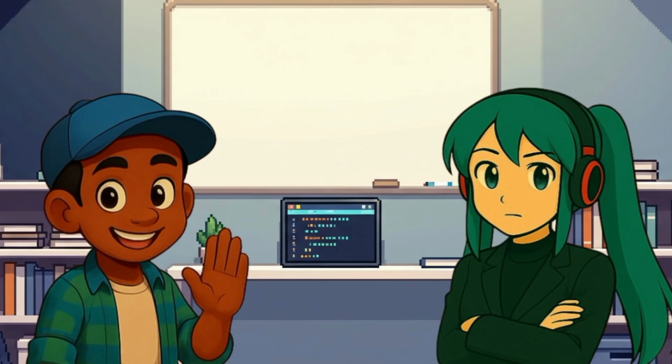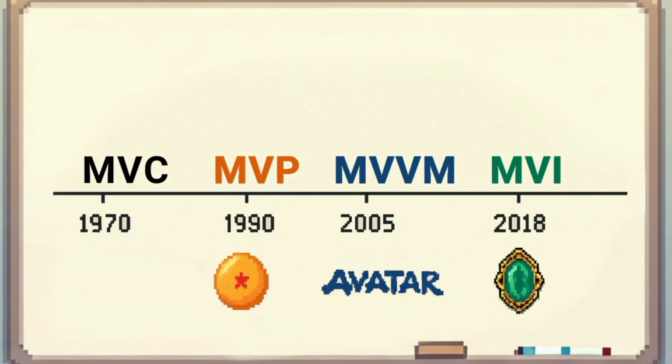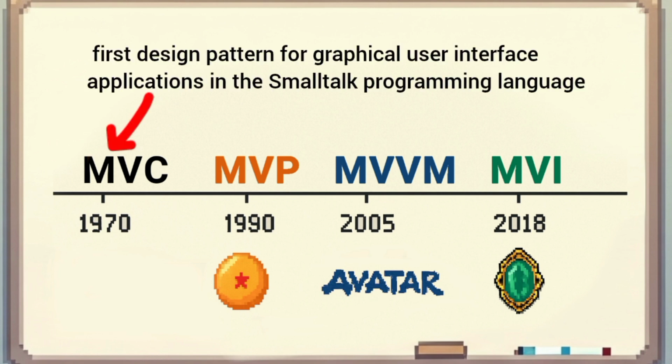Before defining the model, I want to clarify a particular point that is rarely discussed. When looking at these architectural patterns, you should know that they did not all appear in the same time period. The MVC pattern emerged in the 1970s as the first design pattern for graphical user interface applications in the Smalltalk programming language.